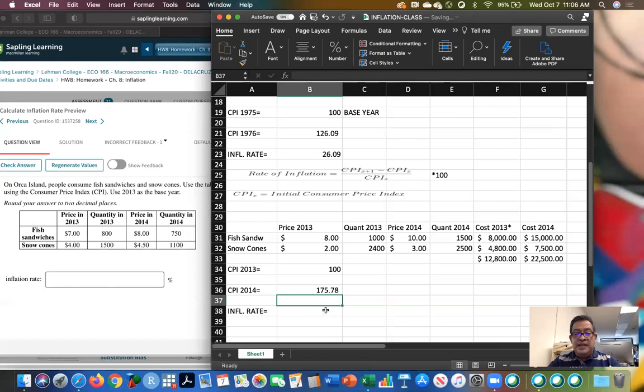So the inflation rate, once again, is going to be equal. I'm going to open a parenthesis because I want these 2 numbers, the previous CPI and the current CPI, to be first subtracted, and then the result is going to be divided.